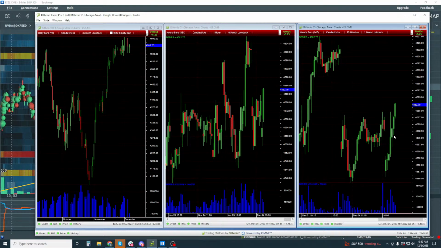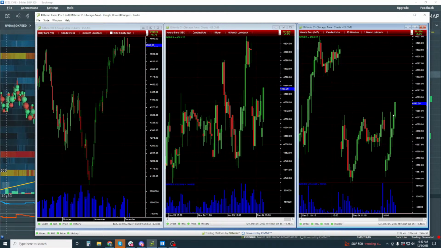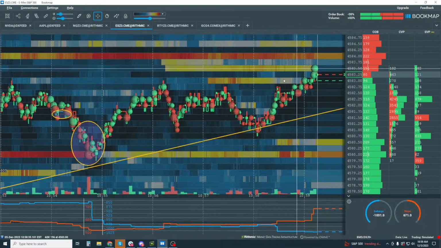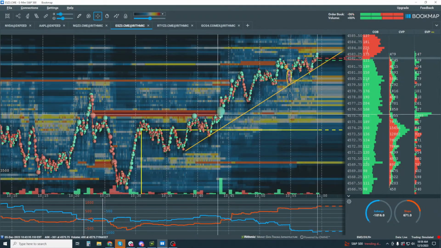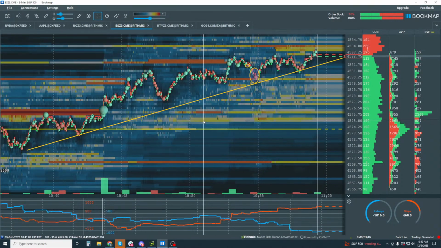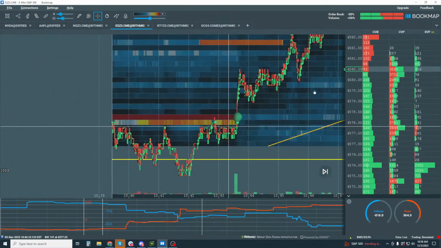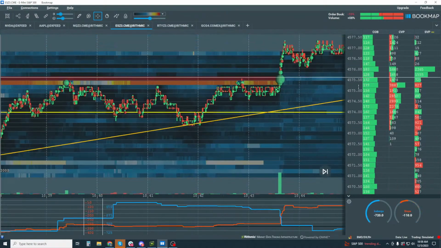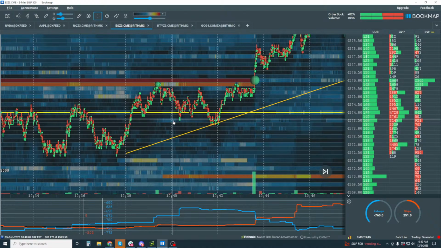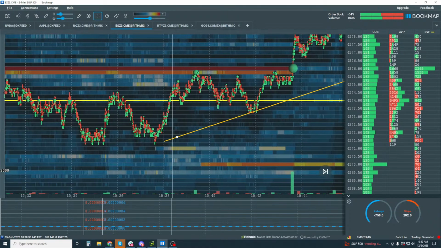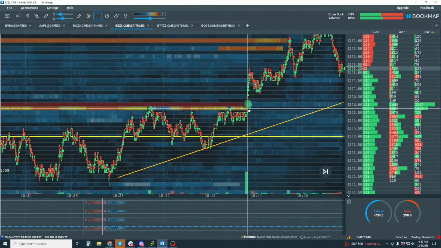We said, okay, now if we can get back up in here and we start to see those buyers, the third attempt, we can get the breakout. So we were looking for that in the order flow. It looks like it kind of wants to, but we don't have all the pieces in here. I don't see a strong bid underneath. And then it did break out.